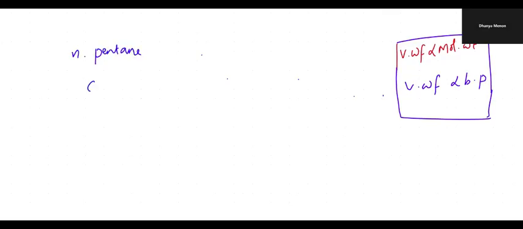Pentane is made up of 5 carbon atoms. Pent means 5. You will be learning more about it in grade 11. Normal pentane means it's a straight chain: CH3, then carbons 2, 3, 4, and CH3. So 1, 2, 3, 4, 5 carbons. This is the first one, normal pentane.